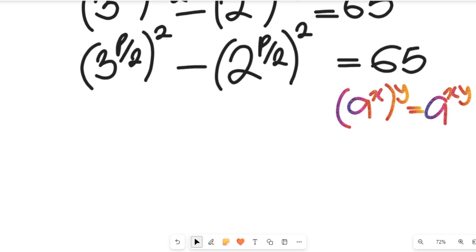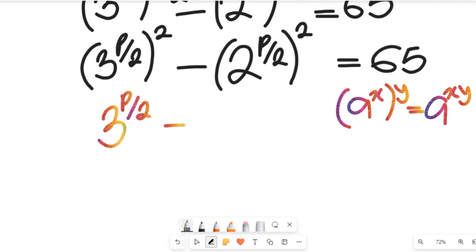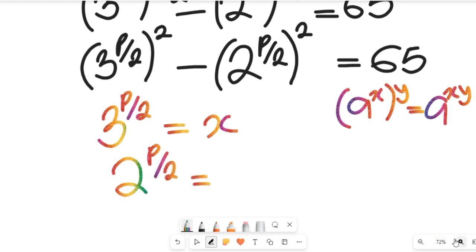Now what do I do from here? From this point, I want us to make an assumption. And what is the assumption? I want 3 to the power of p divided by 2 to be equal to x. And I also want 2 to the power of p divided by 2 to be equal to y.